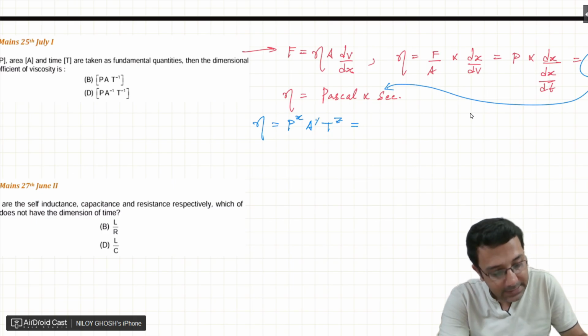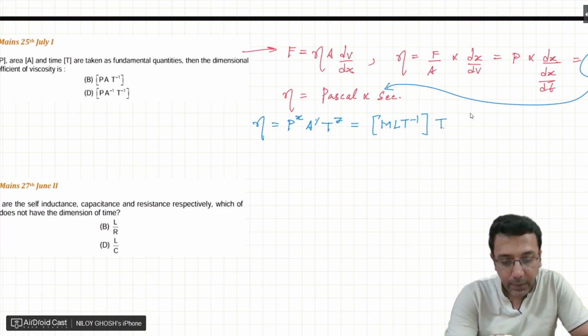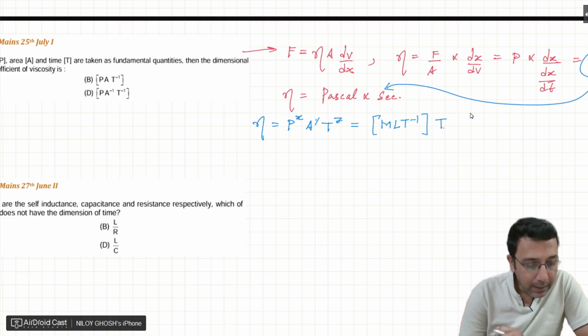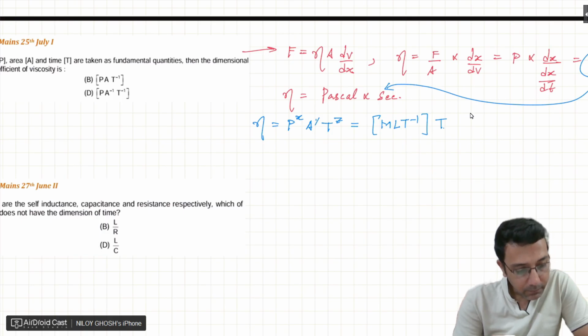So Pascal is M L T minus 1, and into time, that is T. Here P is momentum.